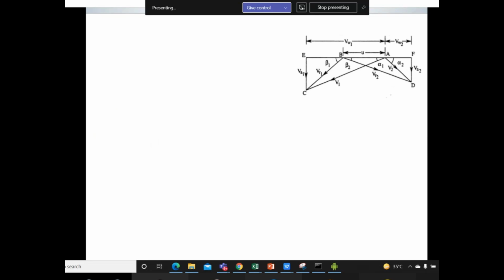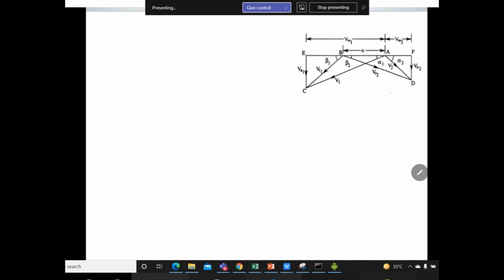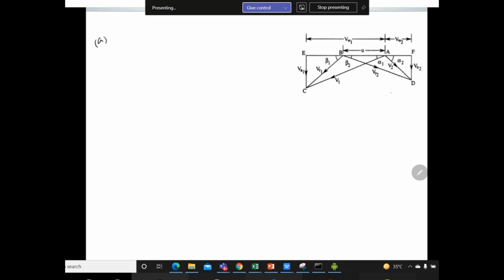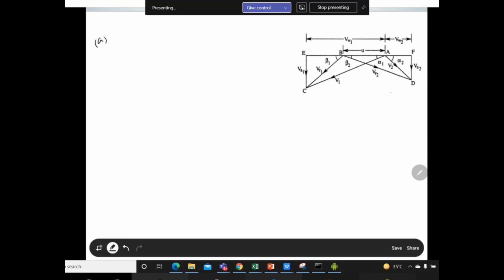So by using this figure, for example, we can take a look at it, and we have to find some parameters from this figure. Take this as your combined velocity diagram. The first equation that comes from this figure is if we want to find the tangential force.